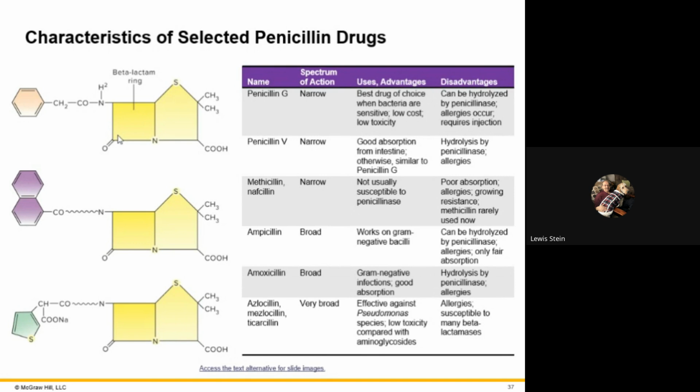And now we get back to how did the bacteria respond to all of these? We're bombarding them with a series of agents, all of which rely on penicillin and rely on this beta-lactam ring. Well, staphylococcal organisms, by and large, produce one called penicillinase, but that's not the only one.